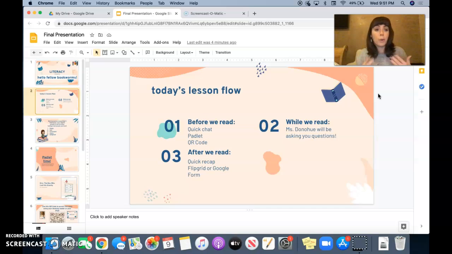Then I let them know that while we read, I will be asking them questions and presenting them with prompts, and I have stopping points that I have already come up with. And then after we read, one student will give us a quick recap, and then their exit ticket will be to complete a Flipgrid or a Google form, and the choice is theirs.